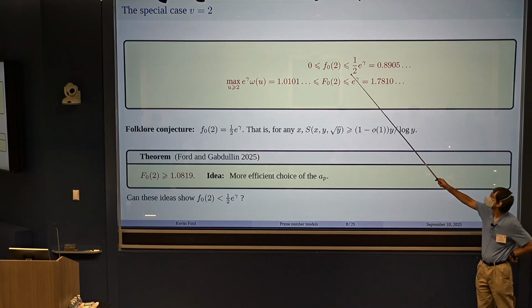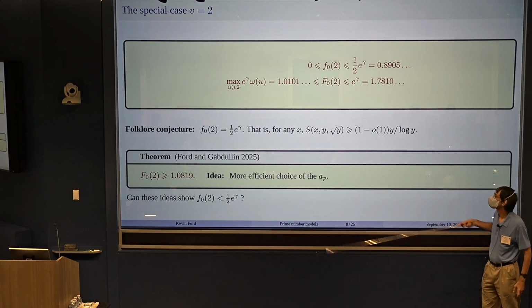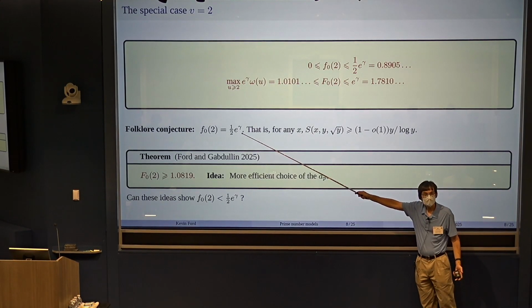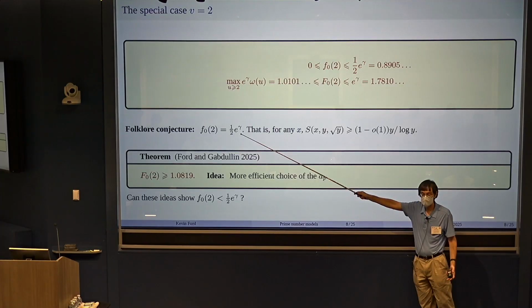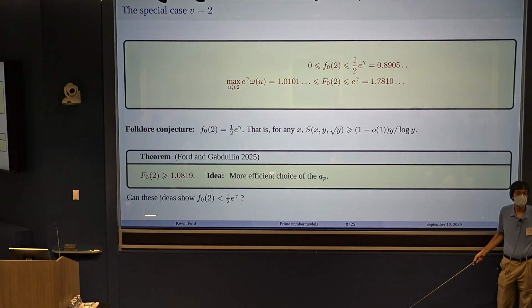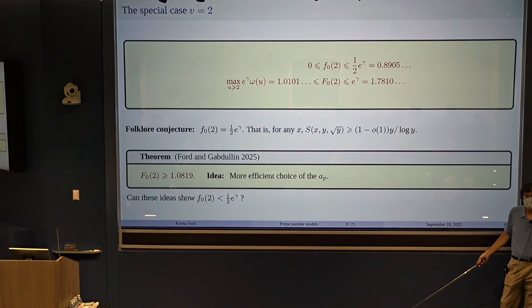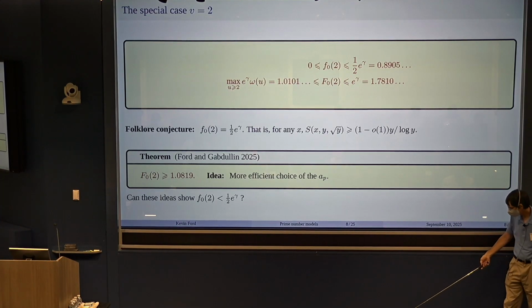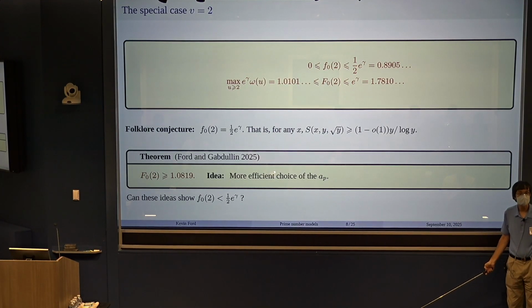But this upper bound, I'm not convinced that this is the true value. I think people have been guessing it simply because we have no other ideas of how to attack this. Again, this is something we've only recently started looking at.